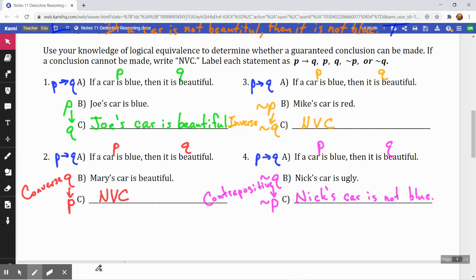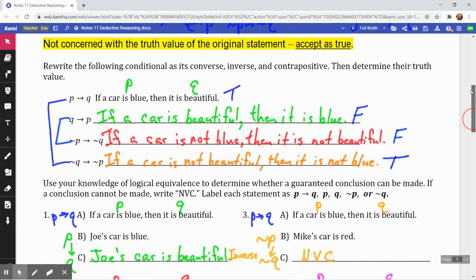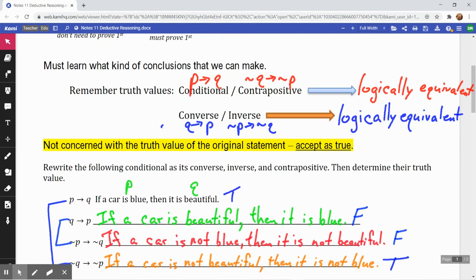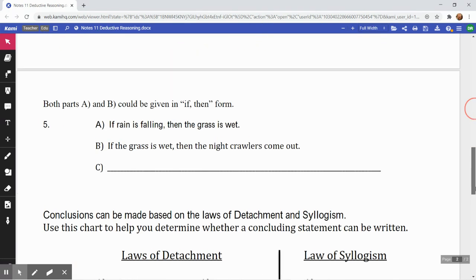And if we go back and check this out one last time, the contrapositive is logically equivalent to the conditional. And so if you know the conditional is true, the contrapositive is really just a different way of stating that information. So it also has to be true. So any statement that starts with the opposite of Q and ends with the opposite of P, we should know is also true. And that is what has happened here.